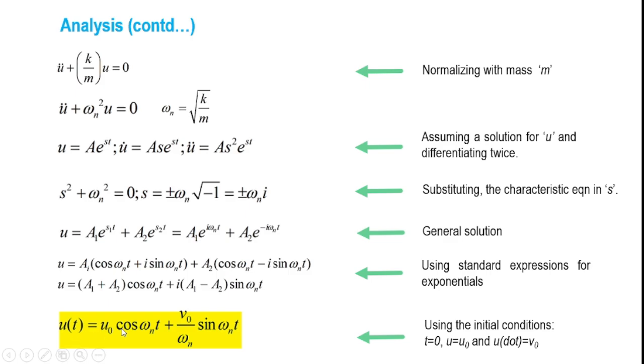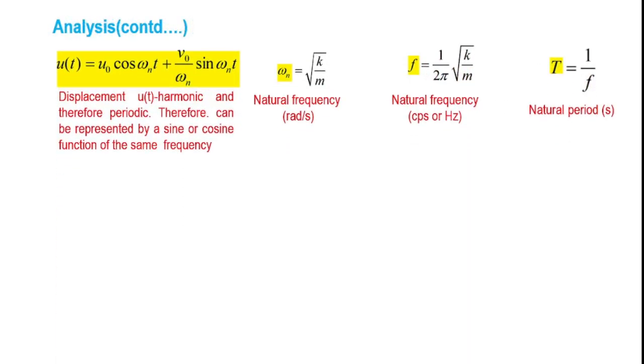Now let us get a little bit more detail into this term. If we look into this general response, u(t) equals u0 cos omega n t plus v0 by omega n sin omega n t, it is very easy to see that the displacement u(t) is harmonic and therefore periodic. What does it mean?